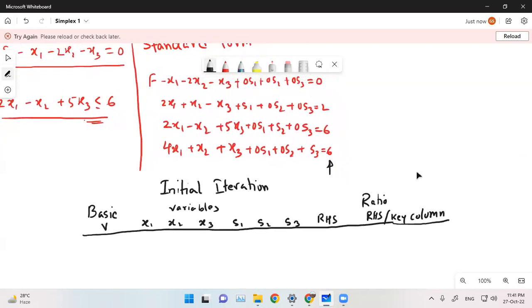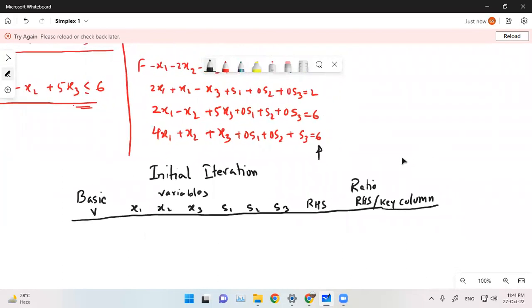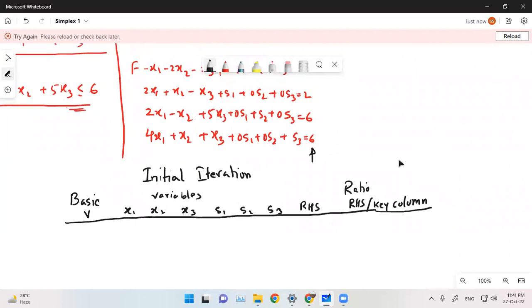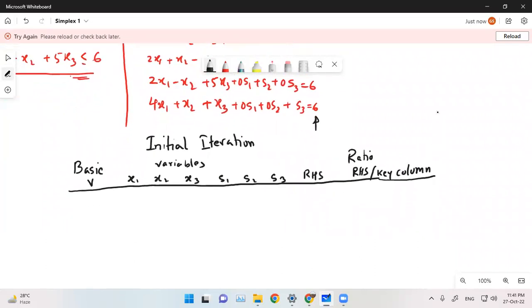So now, what are our basic variables? Always our basic variables will be slack variables.